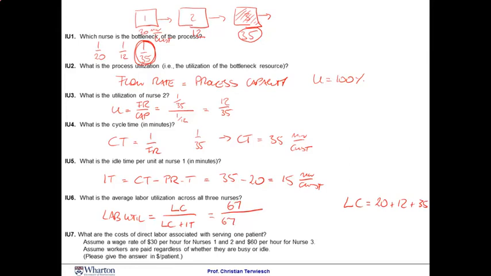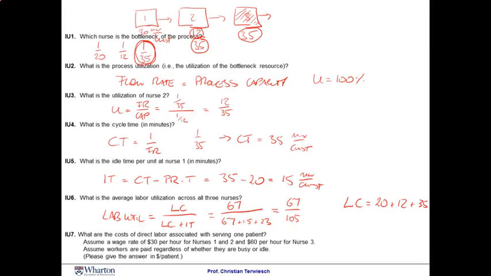Well, there is idle time at station 1, which we already found as 15 minutes, and then there's idle time at station 2, which we can find as 23 minutes. Why 23 minutes? Because we have a cycle time of 35. 35 cycle time minus 12 processing time gives me an idle time at station 2 of 23. And so that gets me 67 minutes divided by 105 minutes as my average labor utilization.